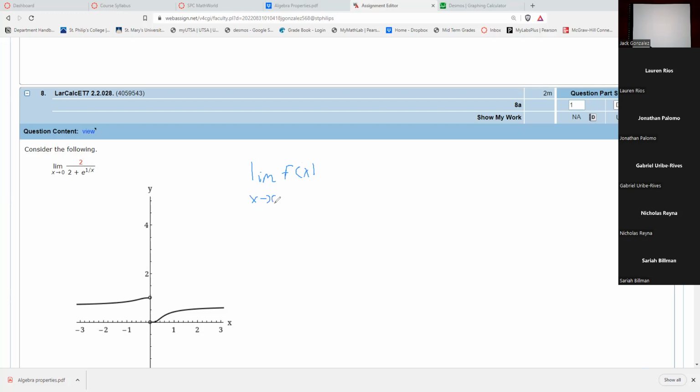So I approach 0 from the right. What would be my answer?